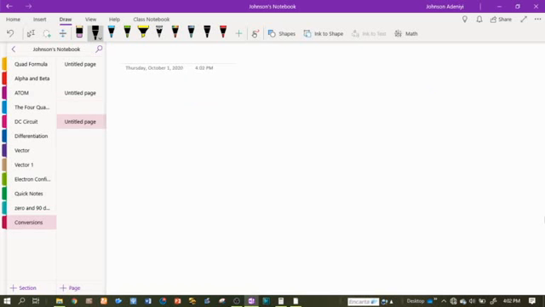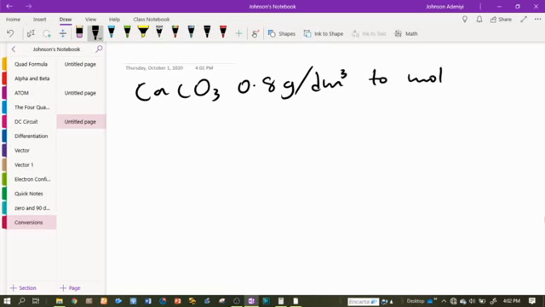So this calcium carbonate, let's say we have 0.8 gram per dm cube to mole. Let's call this mole per, let's say, cm cube.